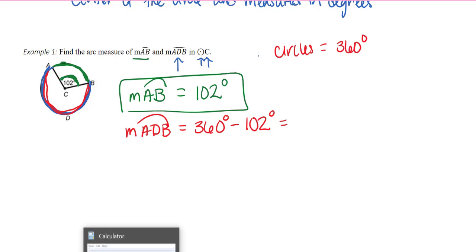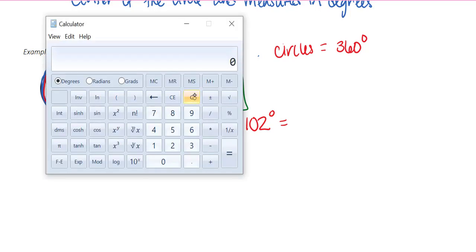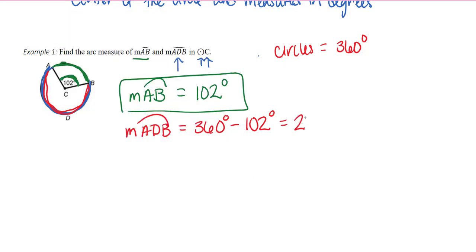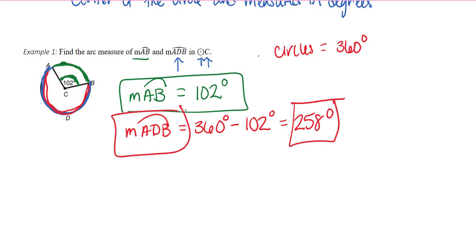So let's get our calculators out. If we go 360 minus 102, we get 258 degrees. So this would be the arc measure of this right here. And so there we have our first example.